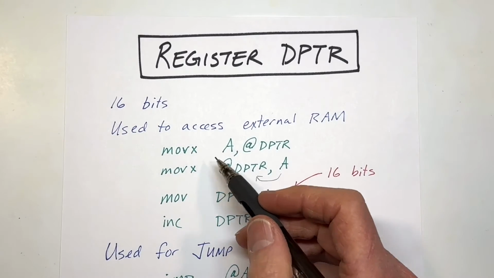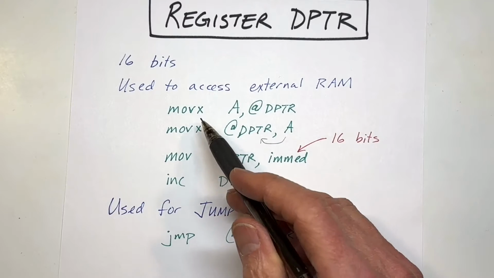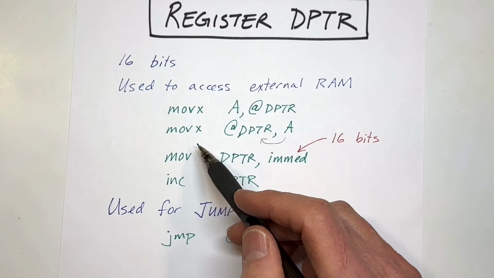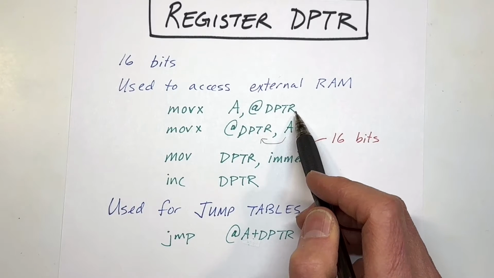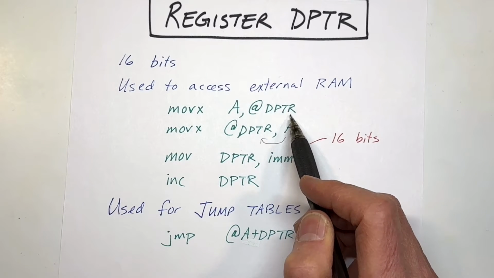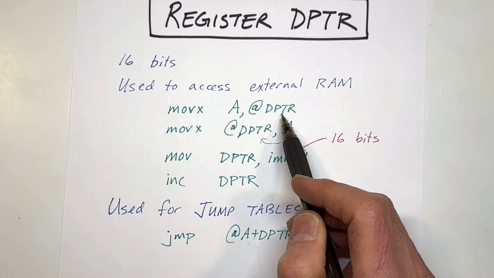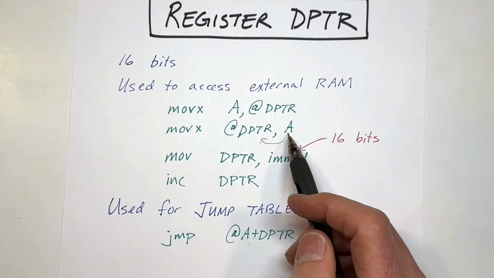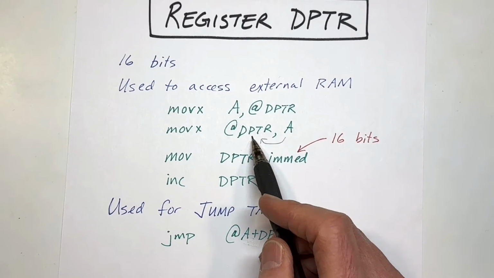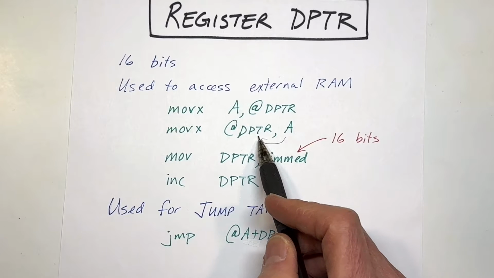So the instructions that can use the DPTR are all listed right here, and the two primary ones are MOVX, both using the DPTR register as an index into external RAM to fetch memory, and so you can fetch a byte and move it into the accumulator, and the instruction that moves a byte from the accumulator into external memory using DPTR as the address of the location in memory to move into.